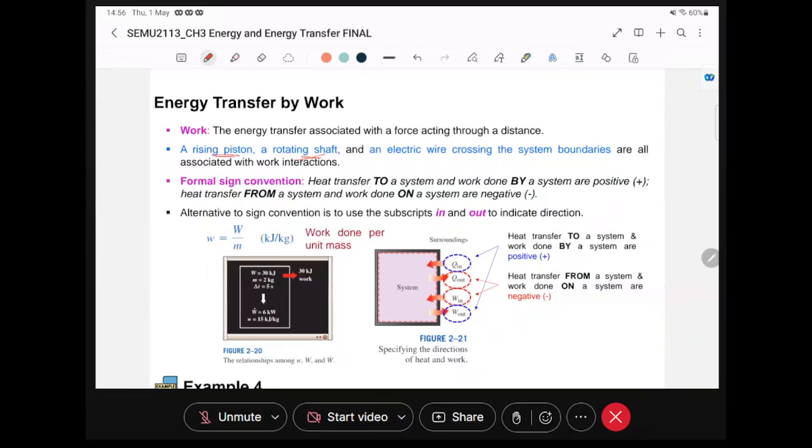So all those are work basically because it's not driven by, or not caused by, temperature difference, to put it simply. Okay. And if the work is going into the system, like how we said earlier, then it's negative. If the work is going out from the system, which means the system is doing work, then we call it the positive work.